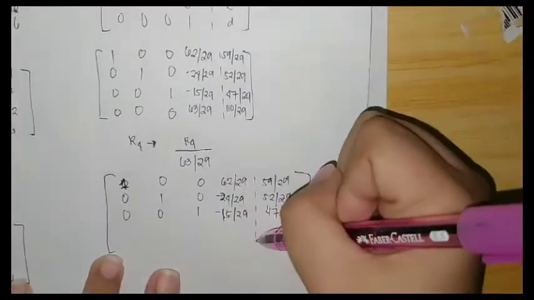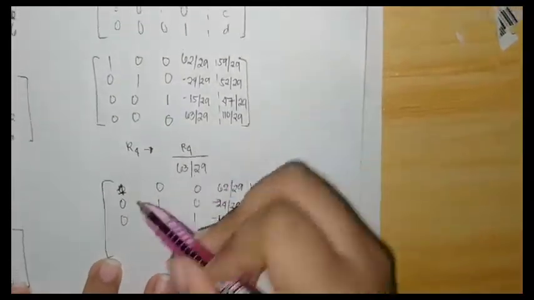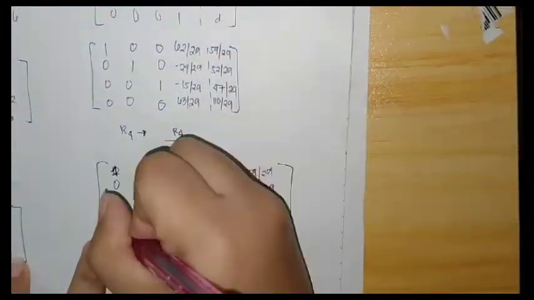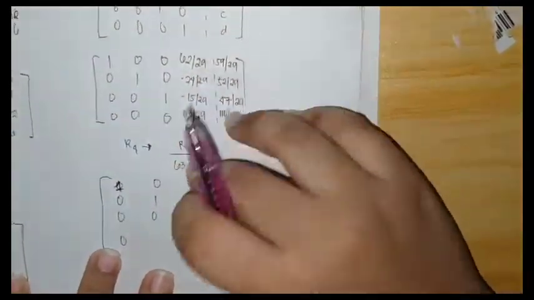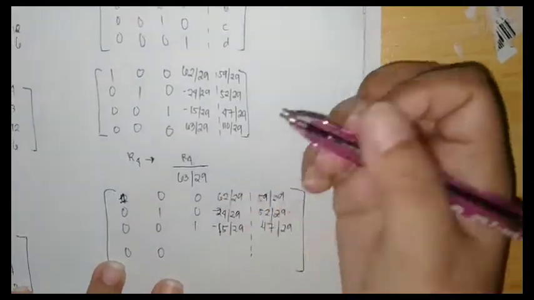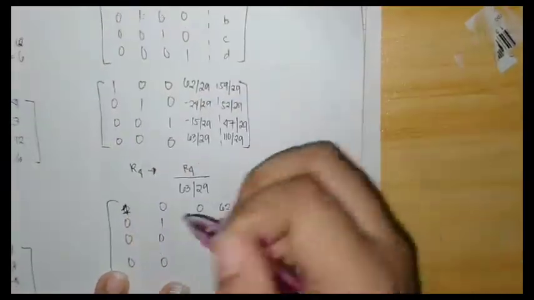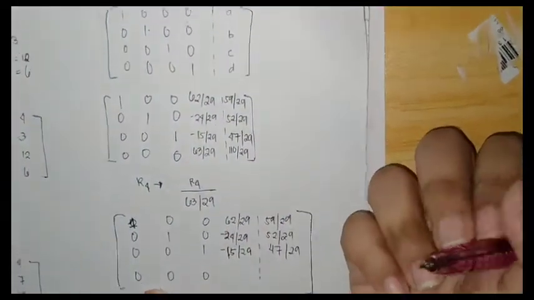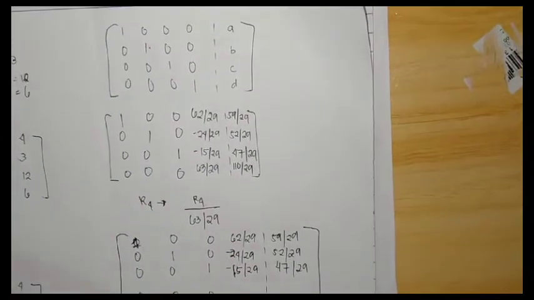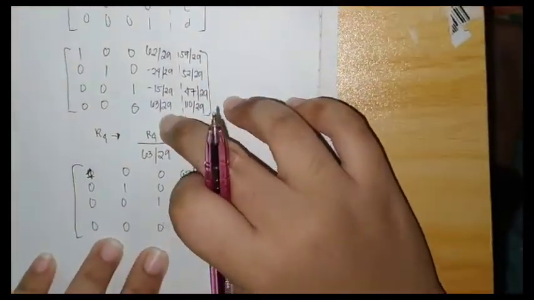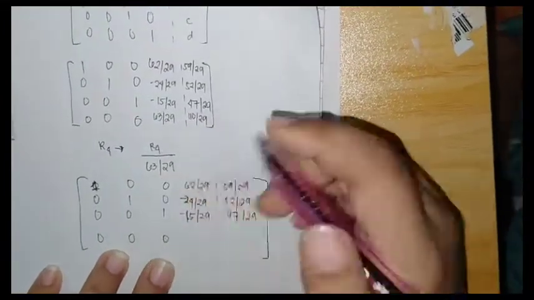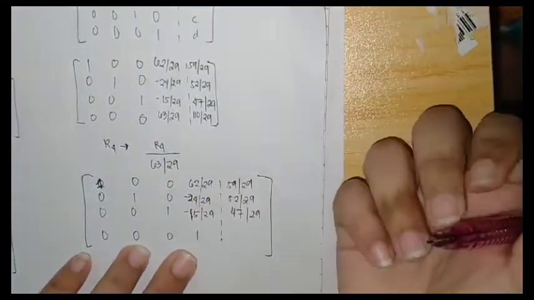So in row 4, R4, 0 divided by this is equal to 0. And 0 divided by this, again, it's still 0. 0, still 0. And 63 over 29 divided by 63/29 is equal to 1.